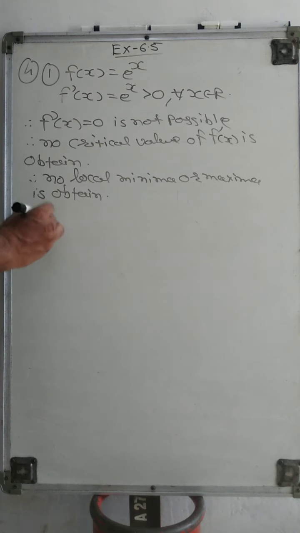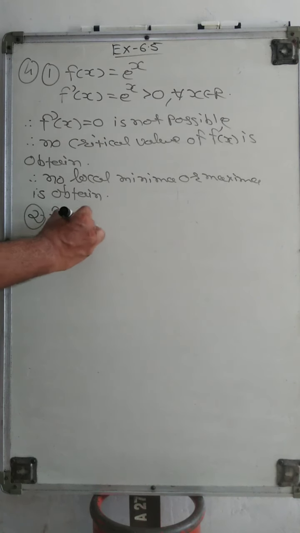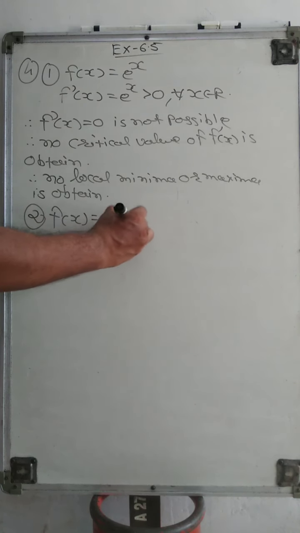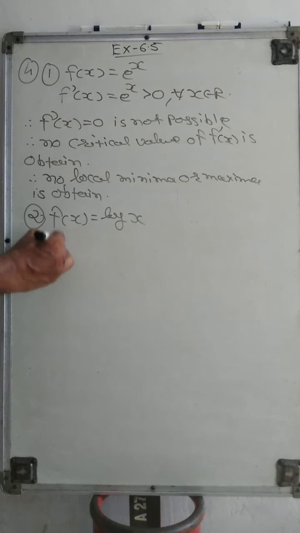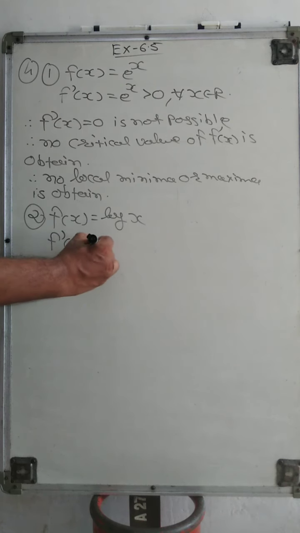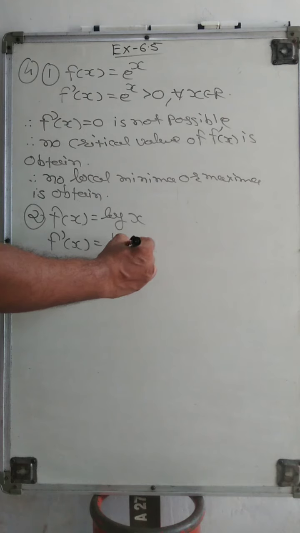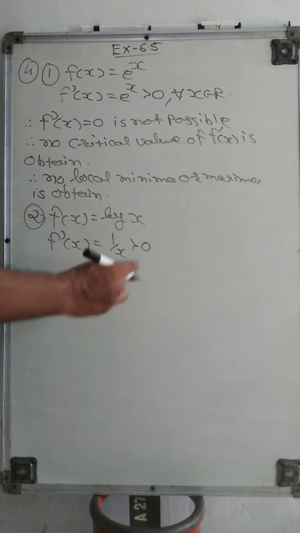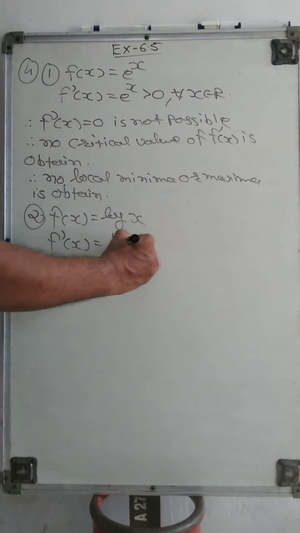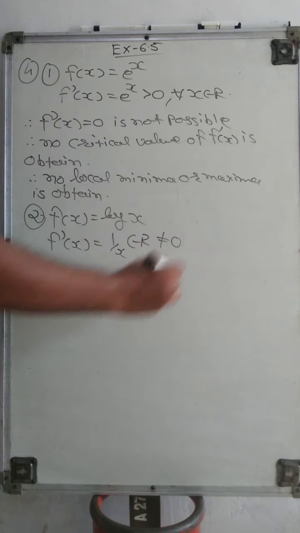So this way this function has neither local minima nor local maxima. Now the same way, the next function is f(x) equal to log x. Here log x is also the same kind of function, f dash x equal to 1 upon x, and it is always greater than 0, or it belongs to R but never becomes 0.